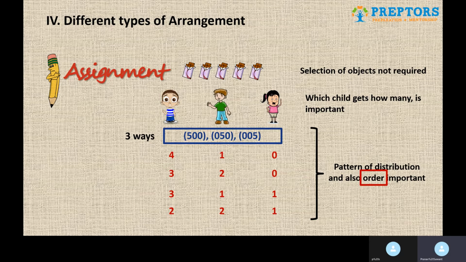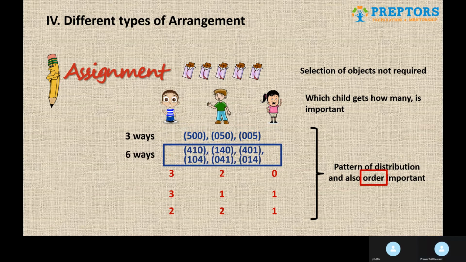Now remember one thing. When you have two numbers in common, as you saw, 5 0 0, where 0 0 was common, in that case there will be only three ways forming. And when you have all three different numbers, as you can see in the next distribution, that is 4 1 0, there will be six ways.